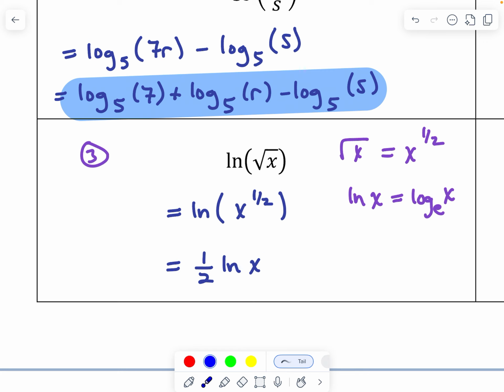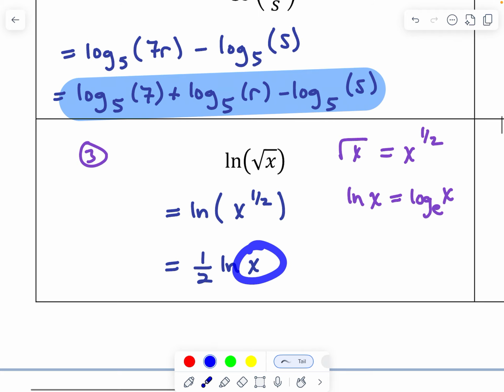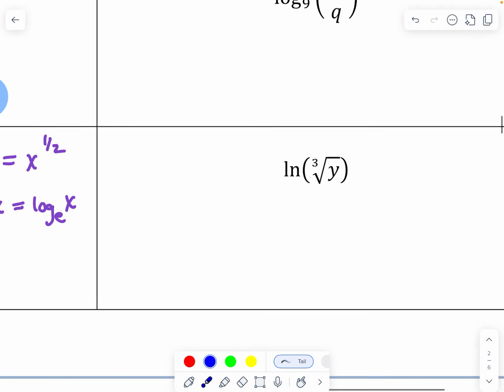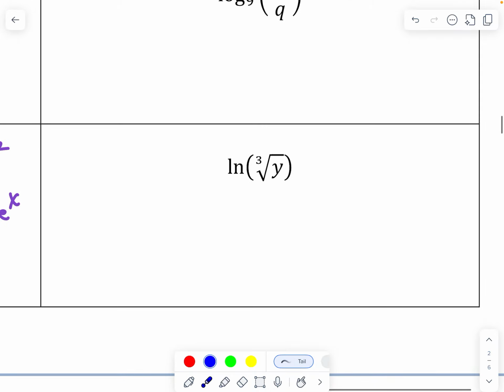Here I did not put parentheses around the x. Same thing, totally optional. If there's just a single variable inside the logarithm, you do not necessarily need parentheses. With or without, totally fine. Go ahead and try this one on your own. You can check your answer in the PDF below.